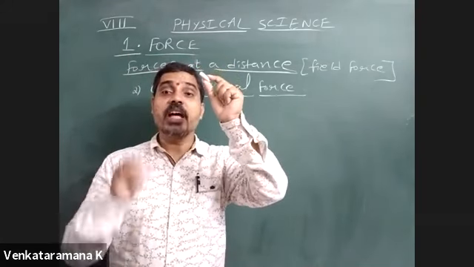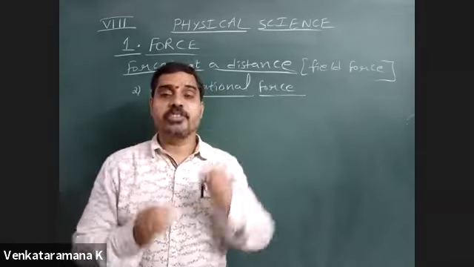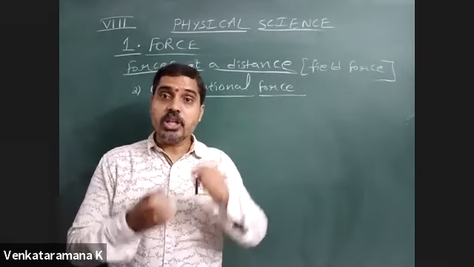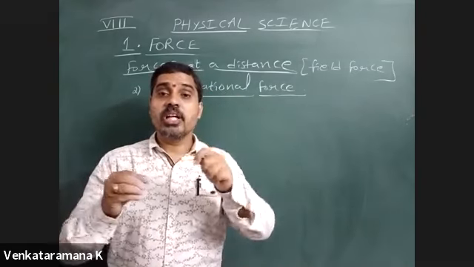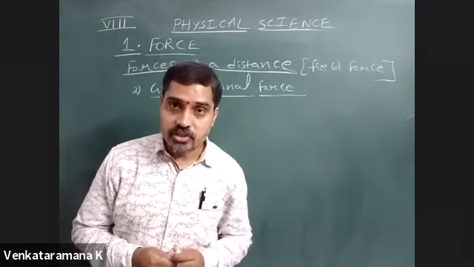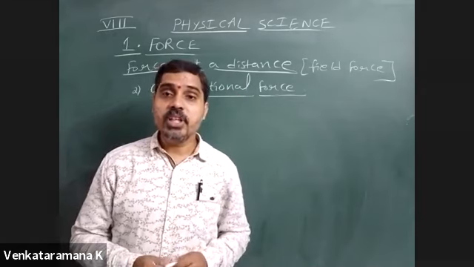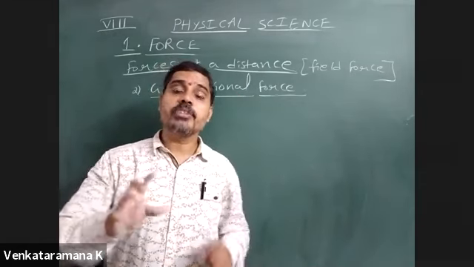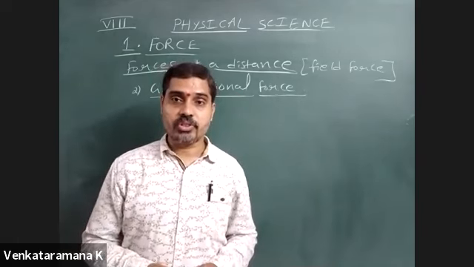Because there is a gravitational force between the earth and the chalk piece, which pulls the chalk piece towards the earth. That is known as gravitational force. So what is the gravitational force? The force of attraction between any two objects in the whole universe is known as gravitational force.